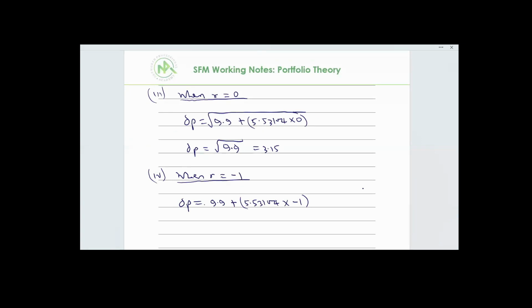The risk of the portfolio would then be equal to 9.9 minus 5.53104.